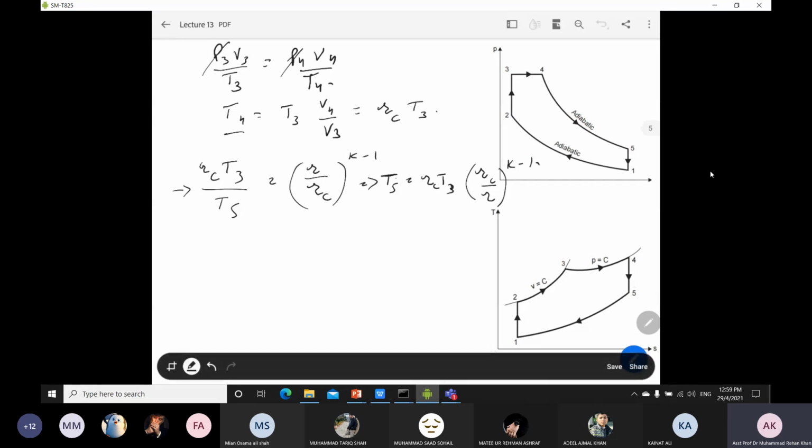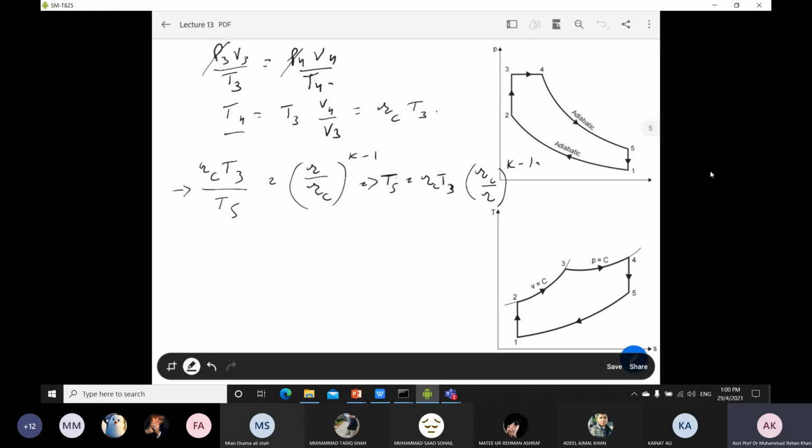Okay, so now what we have to do is put the value of T2. The value of T2 comes from equation number 3. So if you can just go to your previous slide or refer back to equation number 3, you have to put the value from equation 3 into equation number 2.